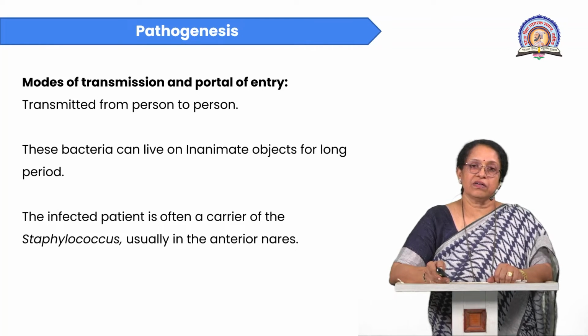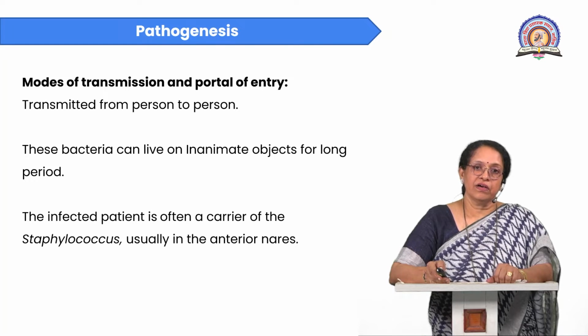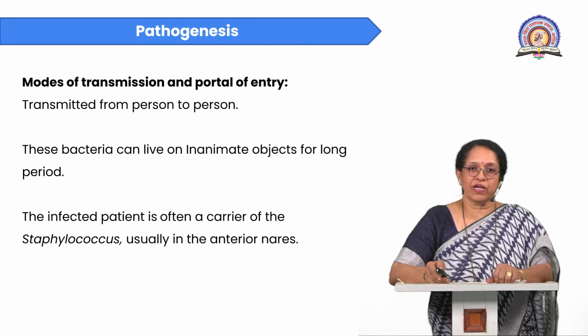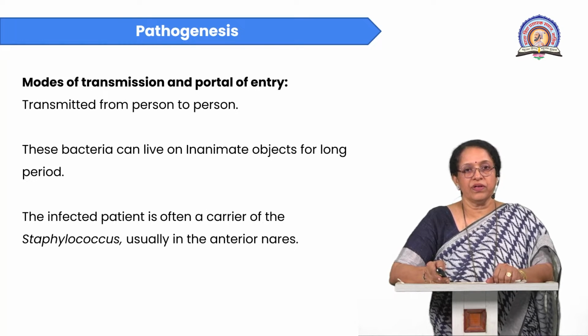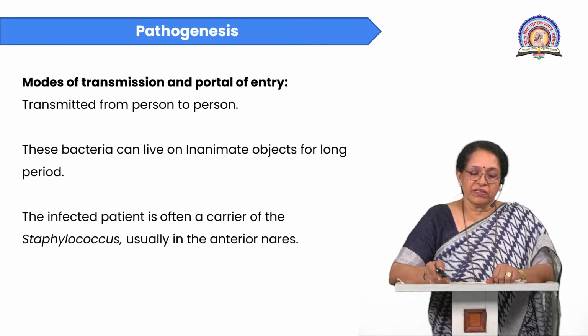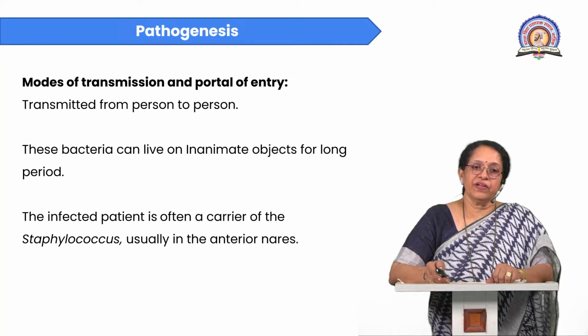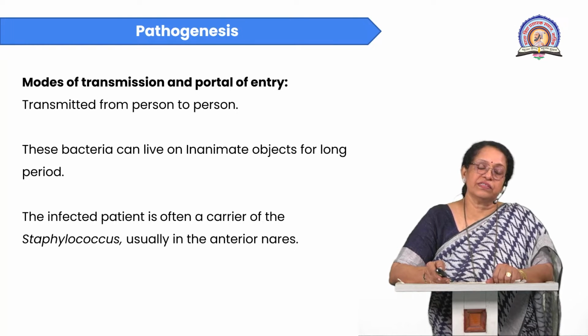This can be included in the virulence factors of this organism, that is their survival under a number of types of environmental stresses. The infected patient often serves as a carrier.